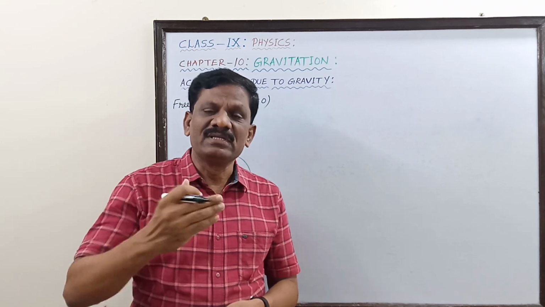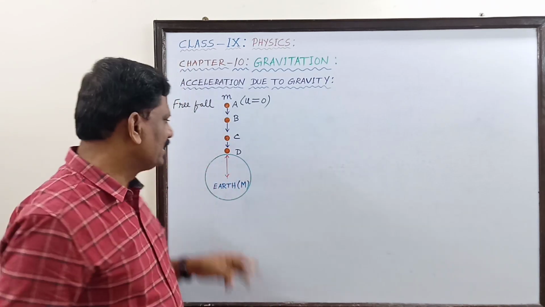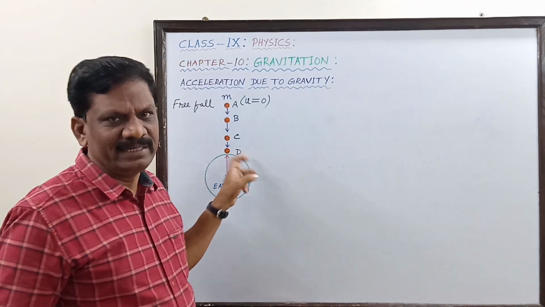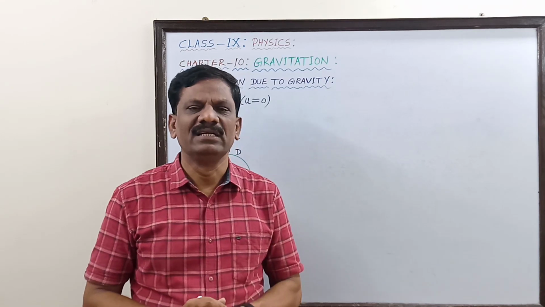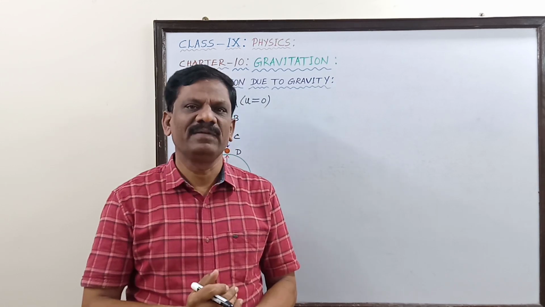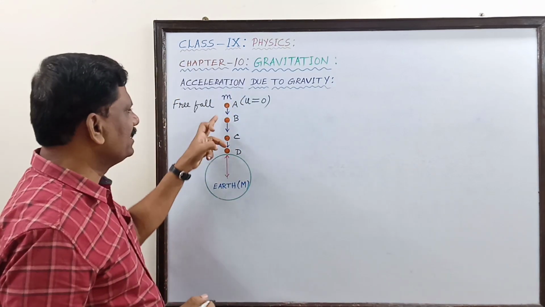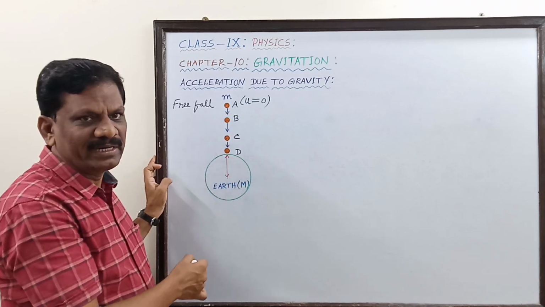It will continuously increase in its velocity, and finally it will touch the surface of the earth at a point D with a very high velocity. That is called the final velocity. So there is an increase in the magnitude of the velocity. Here the direction does not change. You can see that A to D is the same straight line.